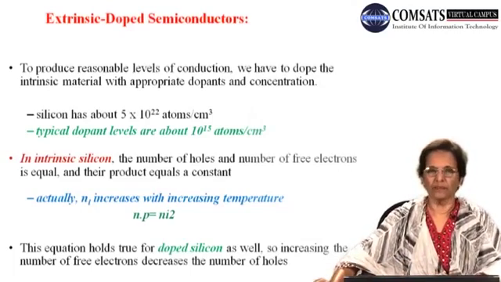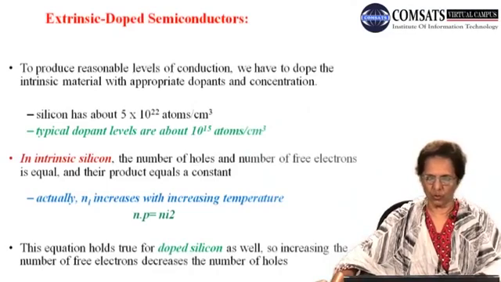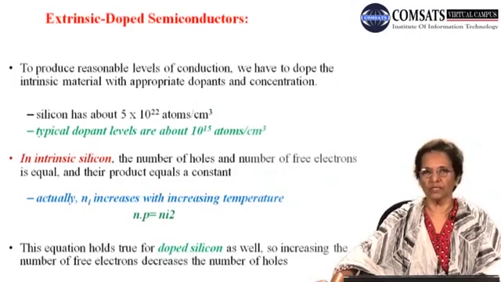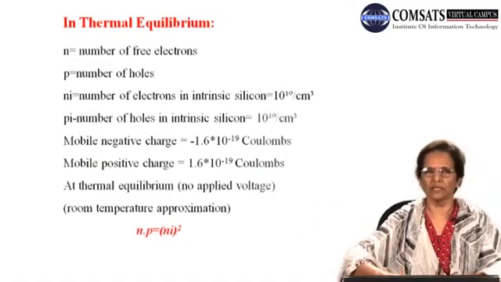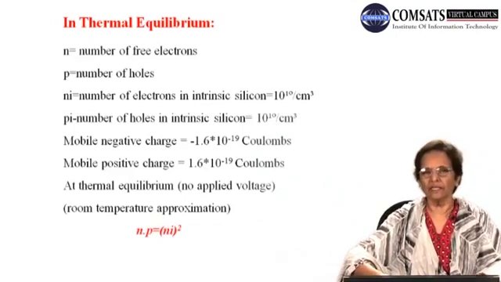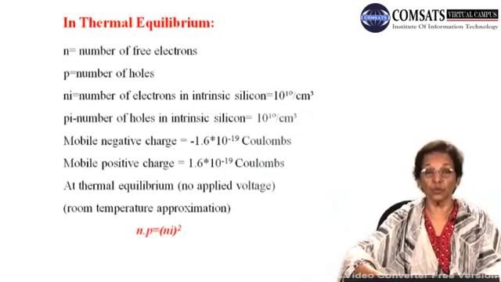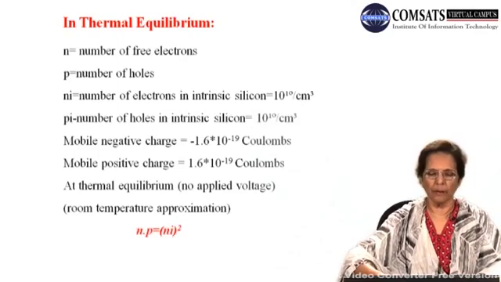And finally, at the bottom of the slide, I write that this equation holds true both for doped silicon as well as pure silicon. Let me define some terminology in thermal equilibrium, that is the temperature that you have chosen for your device. n designates the free electron concentration which you find in the conduction band. p is the number of free holes which you find in the valence band.